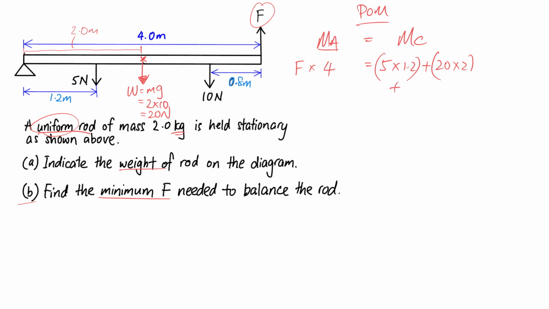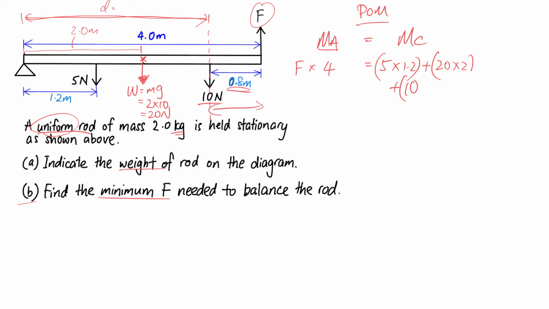And the last one, I just write at the bottom here, the 10 Newton force. Now take note, the line of action is over here, and the perpendicular distance that I want is from the line of action of the force all the way to the pivot. This distance is not given to you, so you have to work it out. But what you know is the distance to the right hand side of the rod is 0.8, given to you.